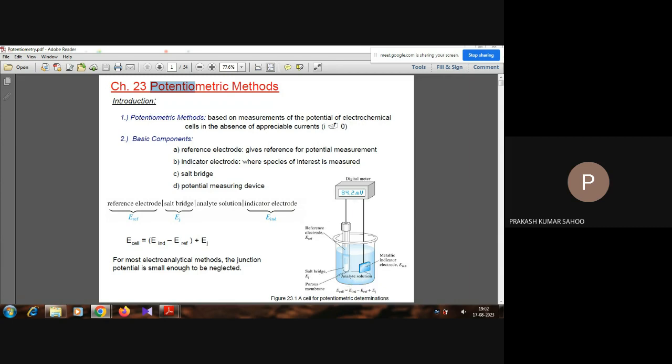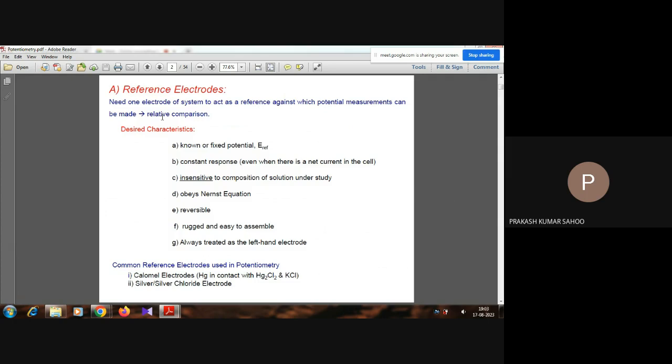These are directly connected to the potentiometer, an instrument that will show the difference in potential in millivolts, mV. Then, the reference electrodes used, as I said, are the calomel electrode and the silver chloride electrode. These are the types of electrode frequently or popularly used as reference electrodes.